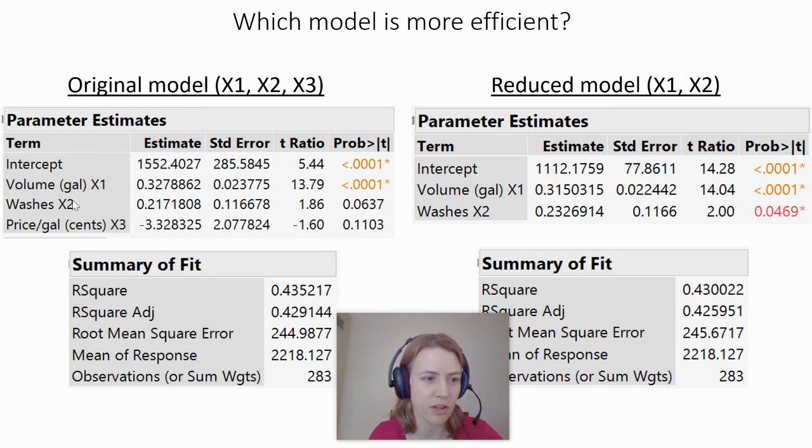Based on knowing volume, washes, and price of gas, our predictions usually get to about $244.99 away from the actual result. On the right, it's slightly higher, $245.67. Okay, but we're still within $1 out of $245, so that's still pretty close.